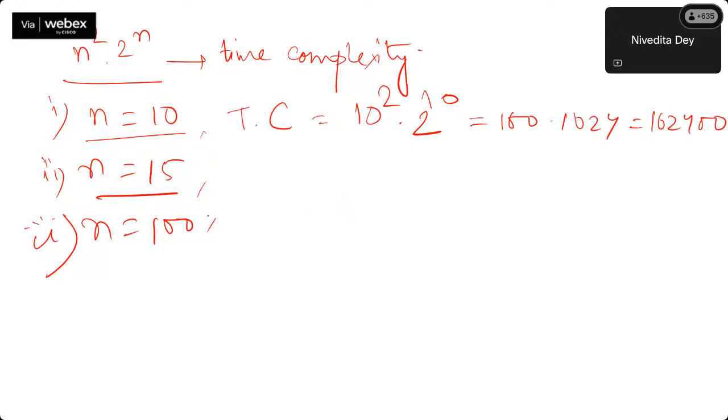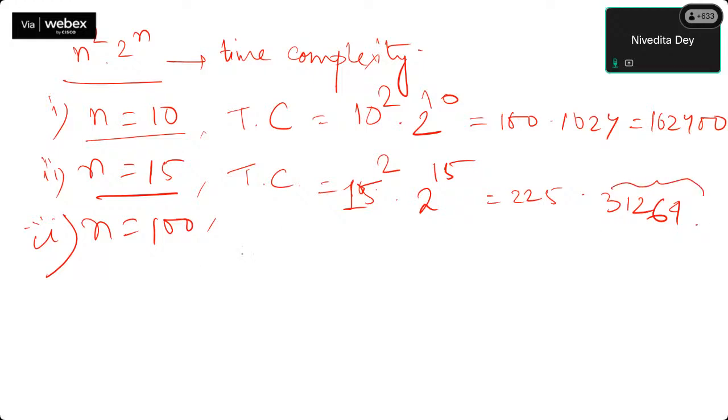Then it's 15 square into 2 to the power 15. Then say n equals 100.